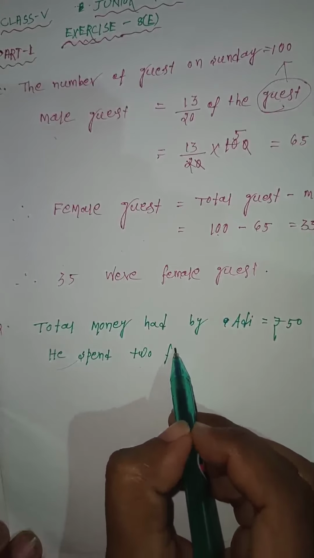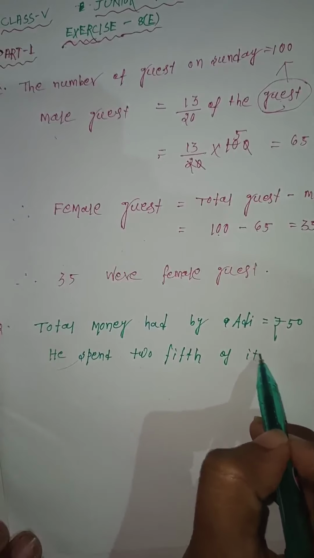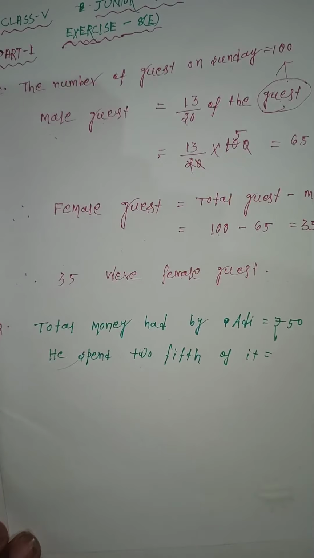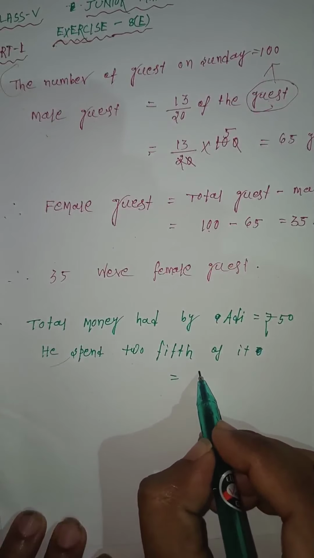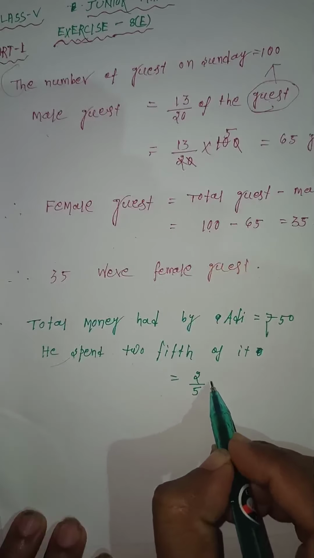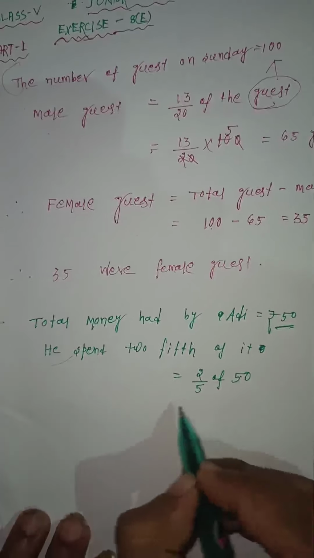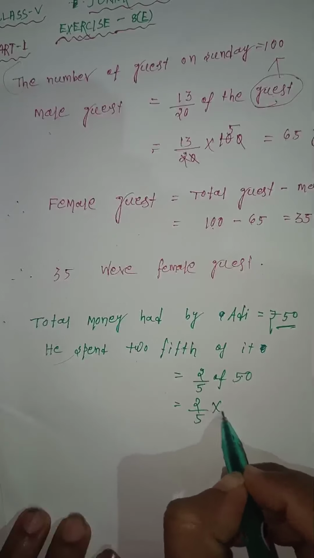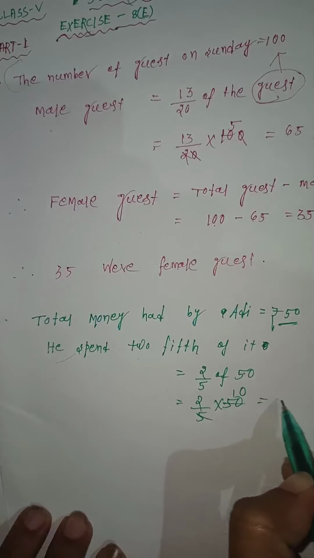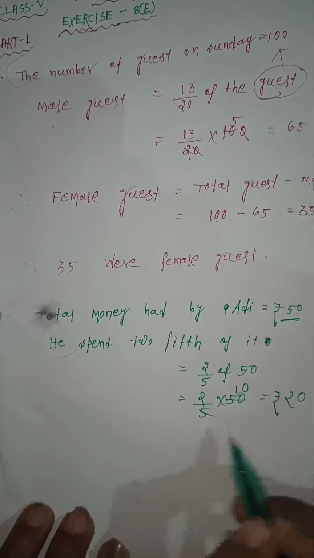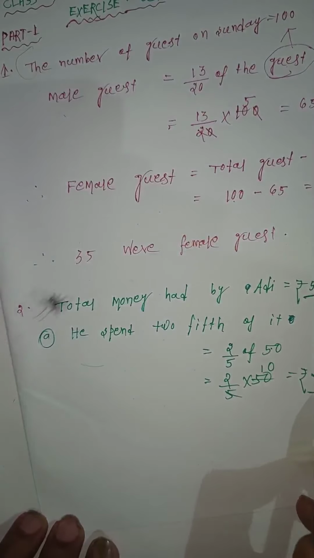He spent 2/5 of it. That is 2 by 5 of it, which means 2 by 5 into 50. Here you can cancel 5 and 10, so 10 times 2 is 20 rupees. So he spent how much rupees? So part A is clear. He spent 20 rupees.